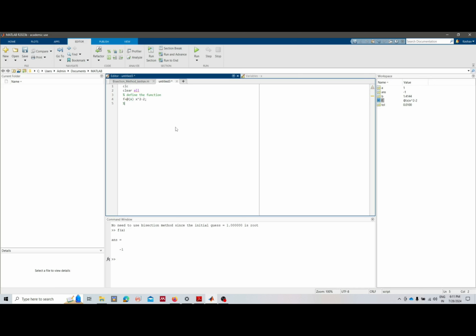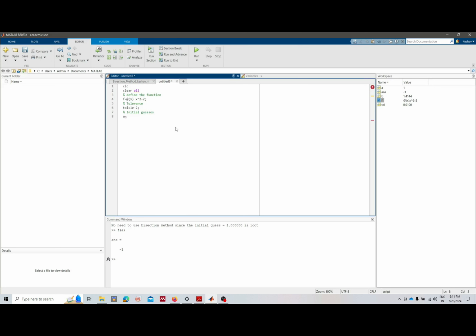Now we need to define the tolerance. So here I am taking the tolerance as 1e minus 2. Okay, this is the tolerance. Now we need to make the initial guesses. Okay, so we have made the initial guess.